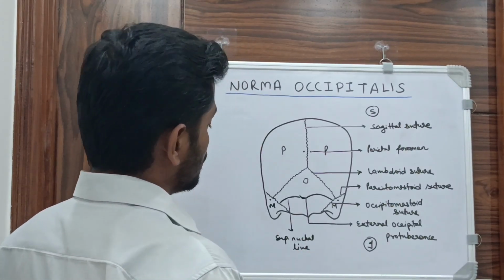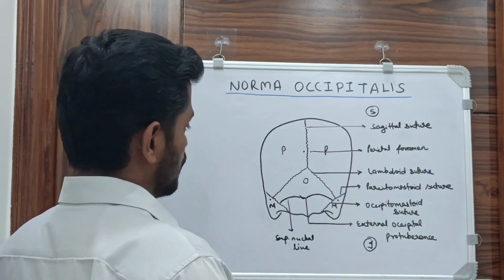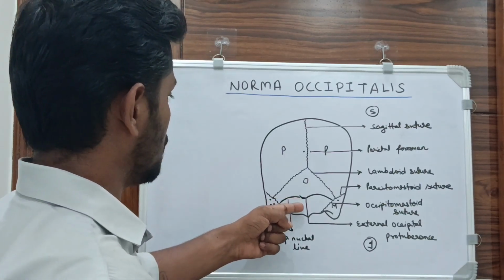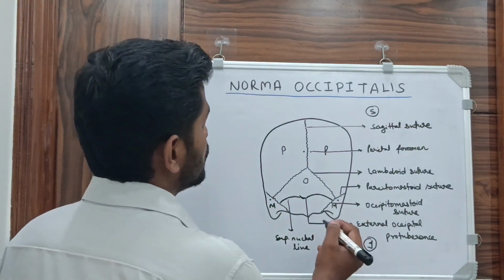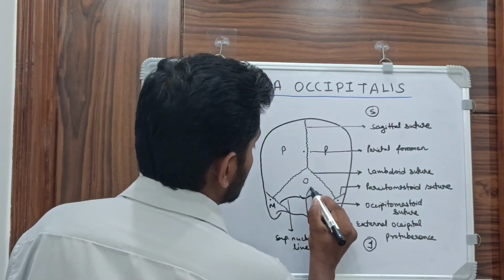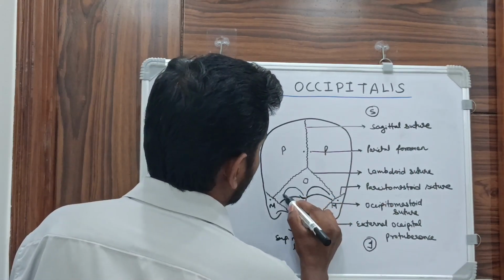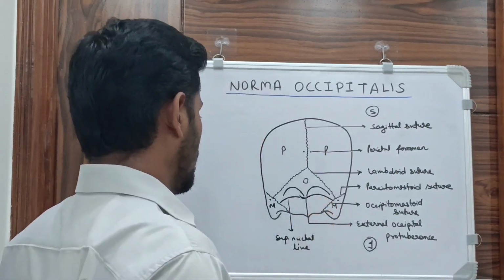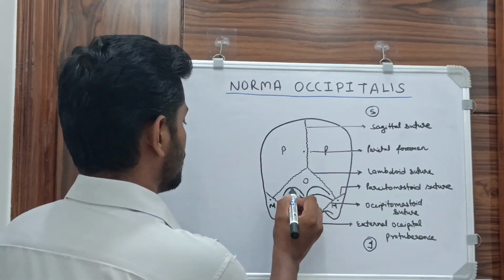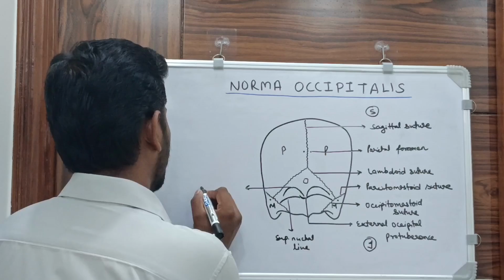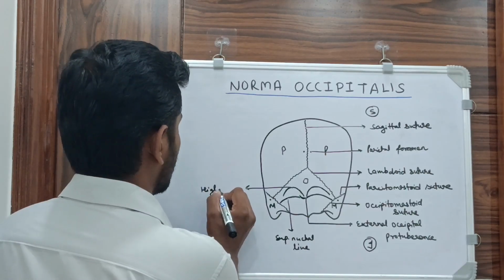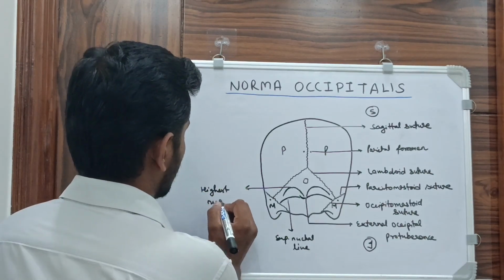And another line originates from the external occipital protuberance, which is more arched than the superior nuchal line. They are more arched, and these lines are known as the highest nuchal line.